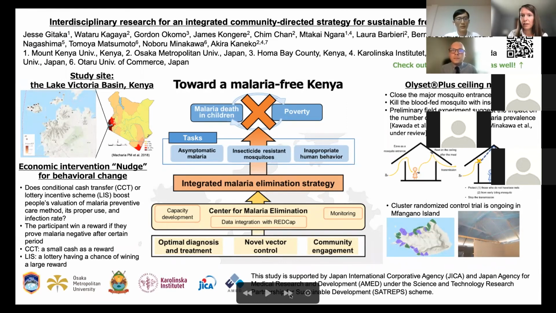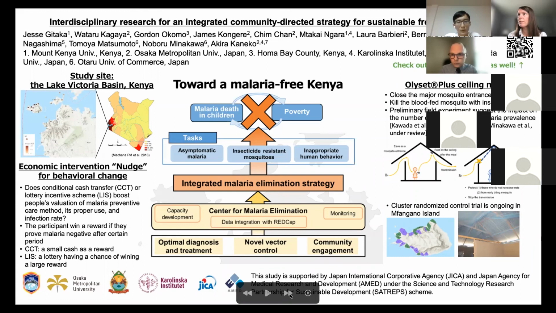Thank you for giving me this opportunity to introduce our research concept. Our group has monitored malaria epidemiology in the Lake Victoria Basin, Kenya since 2012. This previous surveillance identified 3 major tasks of malaria control in this area, as shown in blue in the middle, namely high and heterogeneous asymptomatic malaria infection, insecticide-resistant mosquitoes, and inappropriate human behaviors.